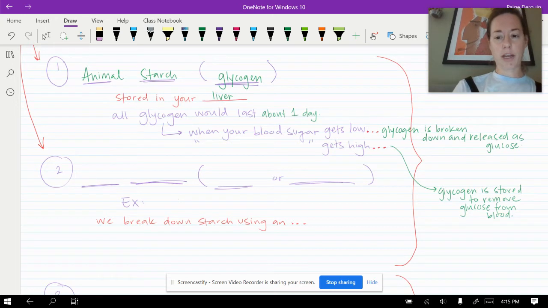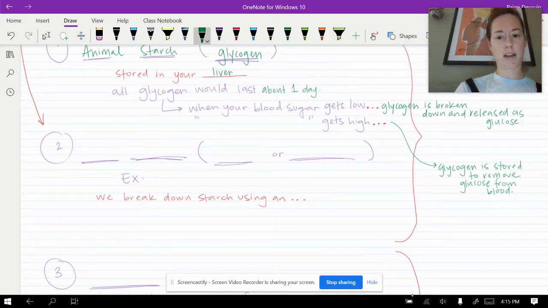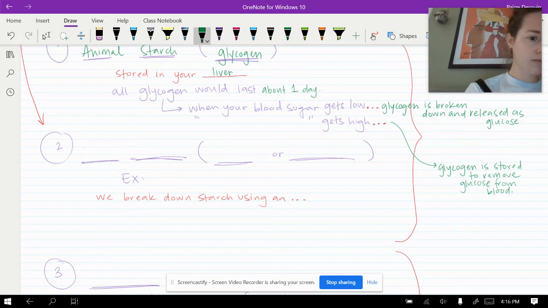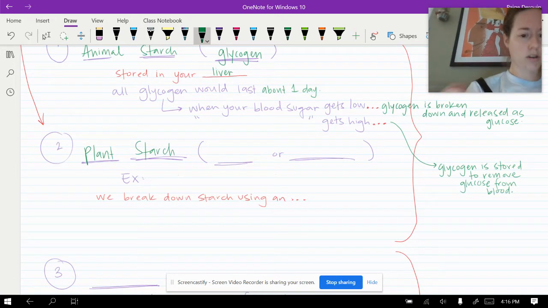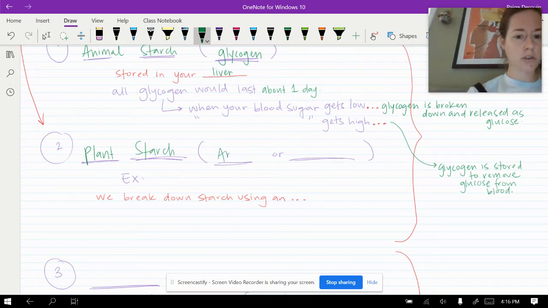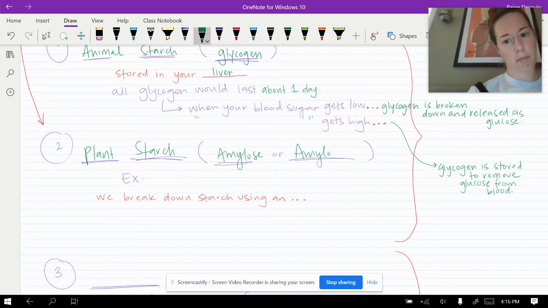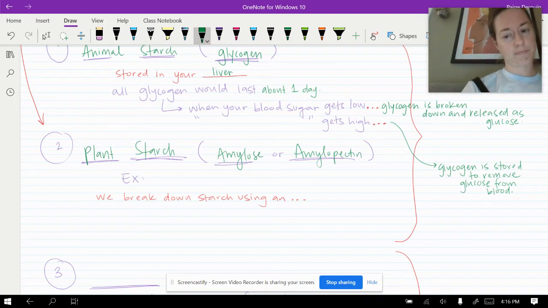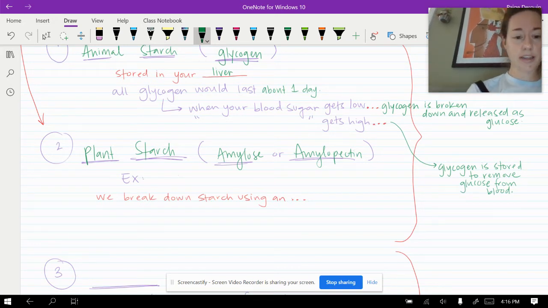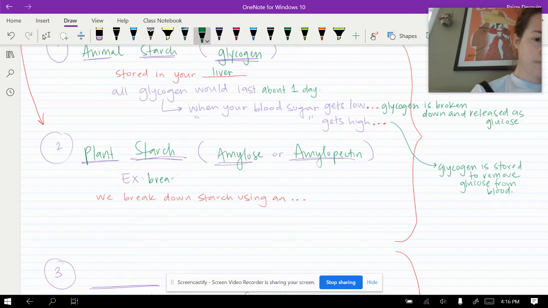Okay, so the second type of polysaccharide that we're going to talk about is plant starch. And plant starch is called amylose or amylopectin. An example of this, like foods that contain this, are going to be your breads, potatoes, pasta.